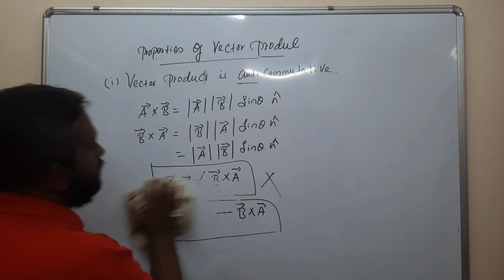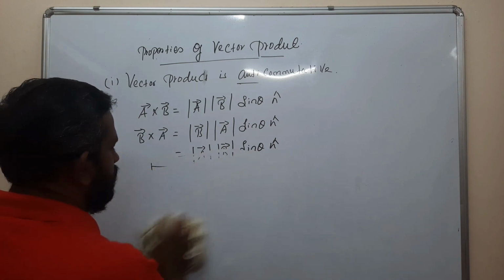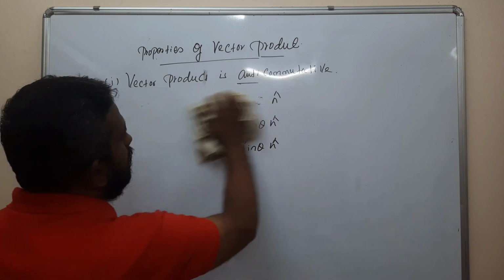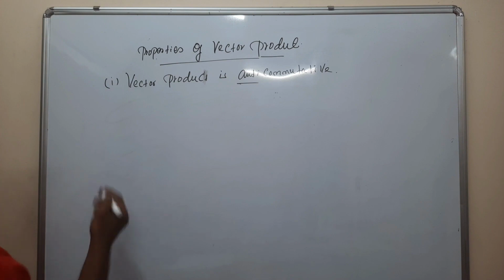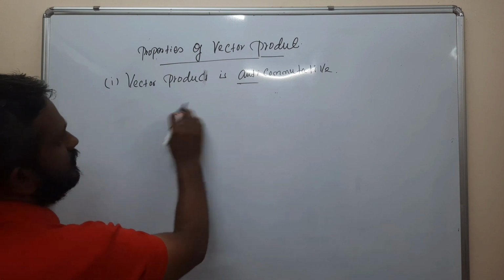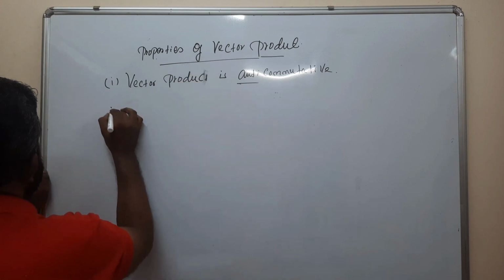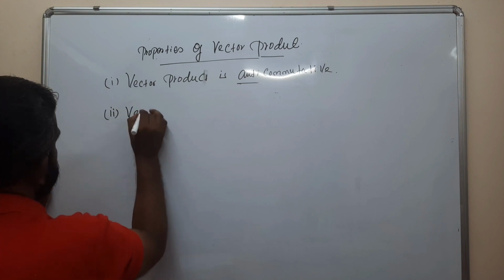The second point: vector product is distributive over addition.